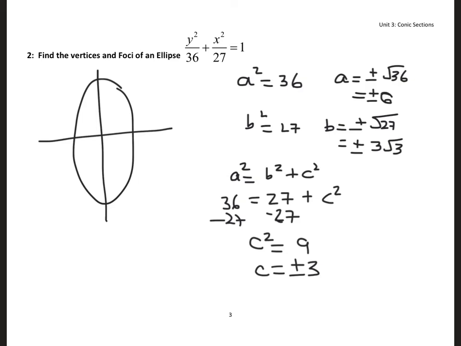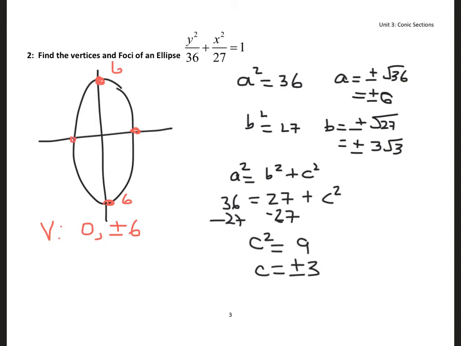Now all we need to do is to write the vertices. Vertices are going to be 0, plus or minus 6. So right here, the 6.